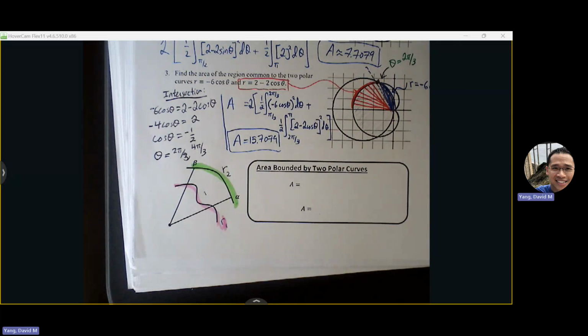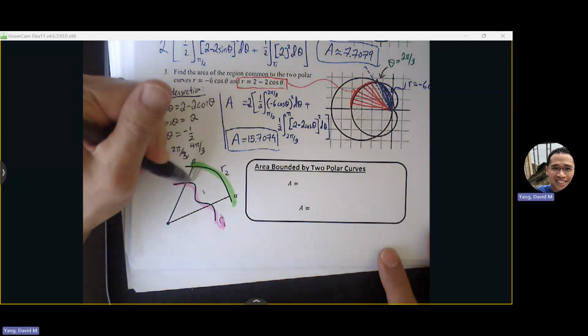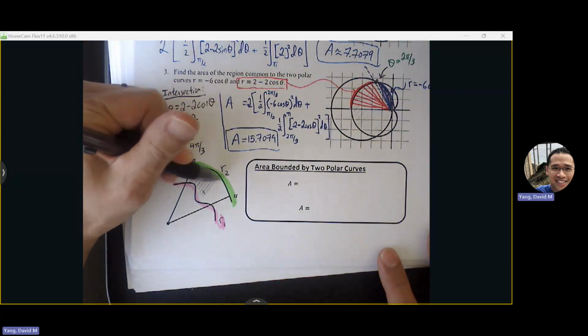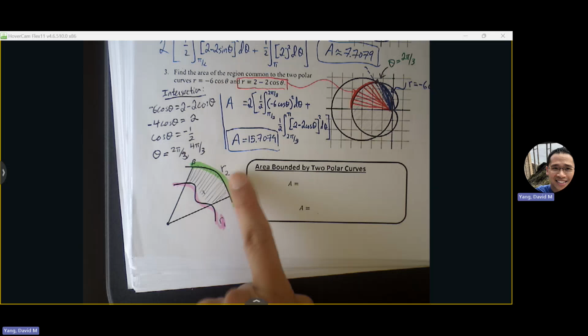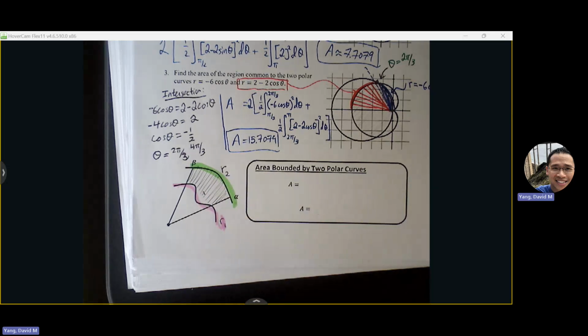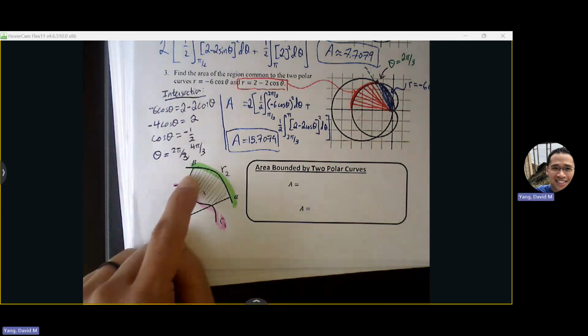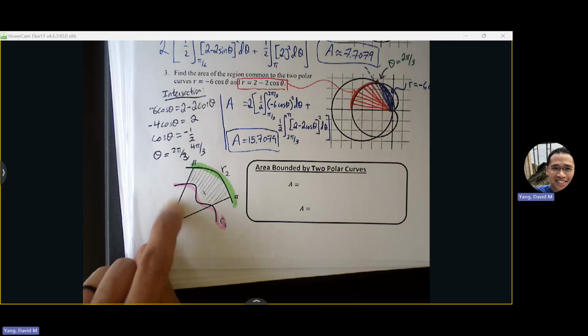Now let's say I wanted to find the area of this region that sits between. We can't just say it's going to be R2 minus R1. Or we can, but the thing is, it's going to give us this region, not this region here.